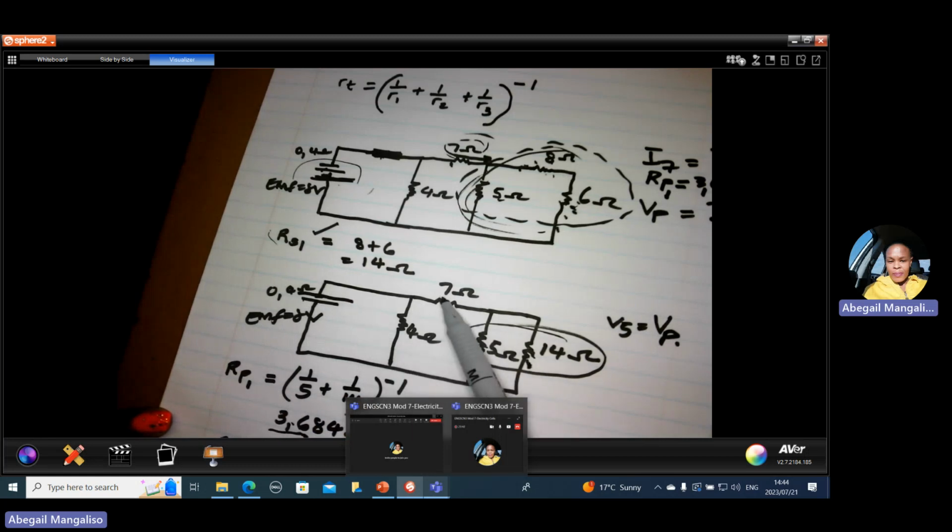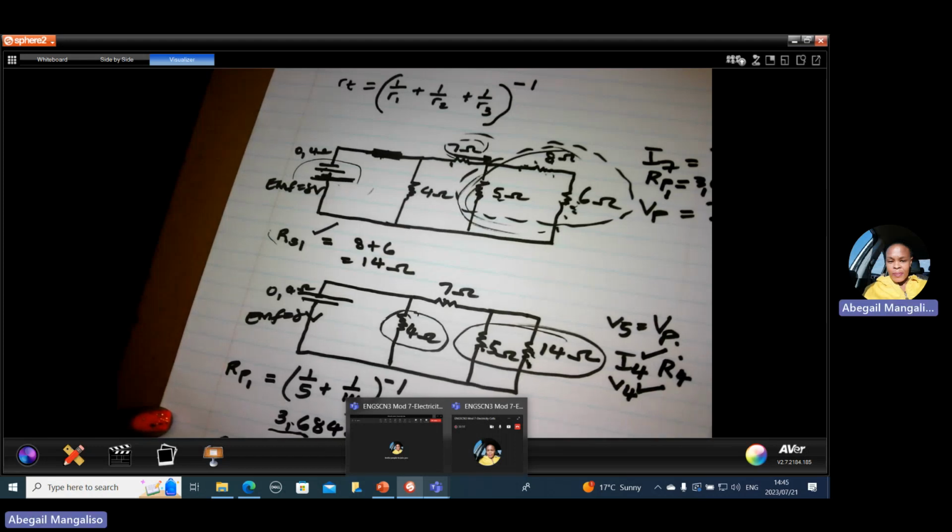To calculate this I7, we must first get what is I4. So we also need the value of I4. Now we do have R4, but we need V4. So let's first get R4, I4 and V4.